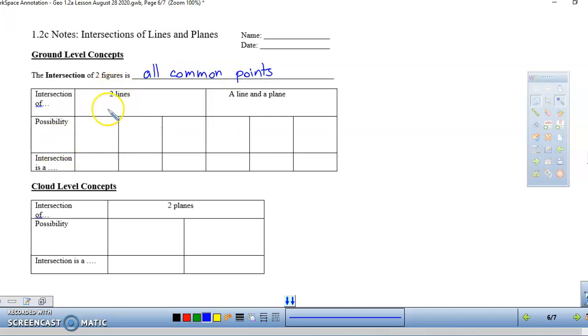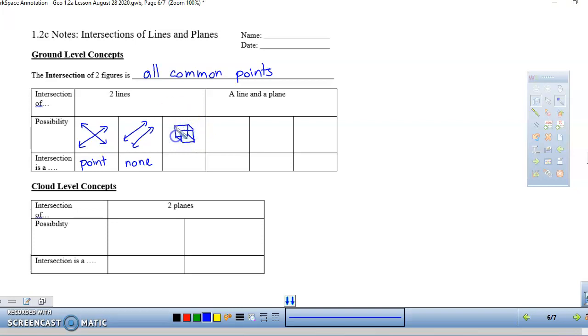Okay, so when you're talking about 2 lines, there are several options. You can have 2 lines that actually intersect, and their intersection would be a point, so they share a common point. You can have 2 lines that are parallel, and then there is no intersection, or you'd say none. Or there is this other concept, which is really quite unique to geometry.